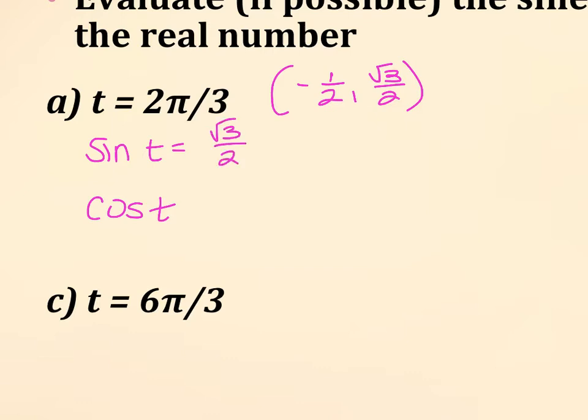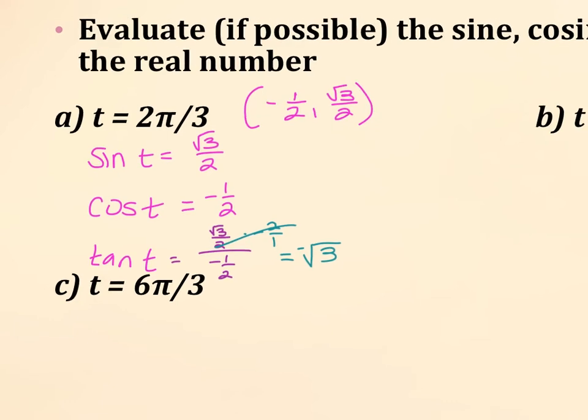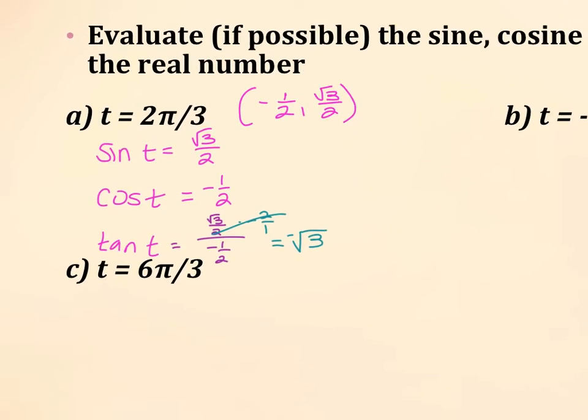What's the cosine? Negative 1/2. And then the tangent would be y over x. Keep, change, flip. And it's a negative root 3. Good so far?